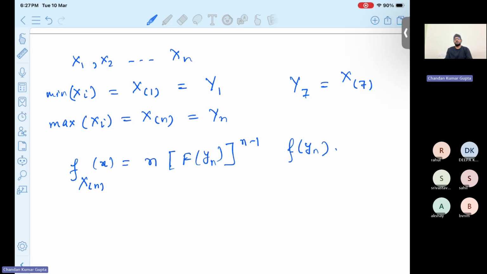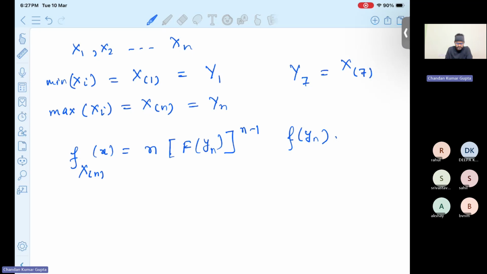So we can directly solve the distribution of the maximum of xi: that is n times the CDF to the power n minus 1 into the pdf at that point only.